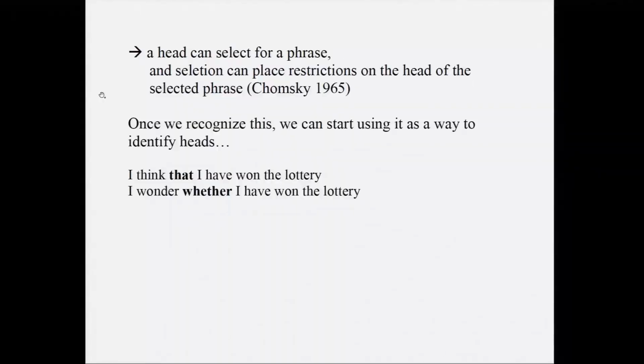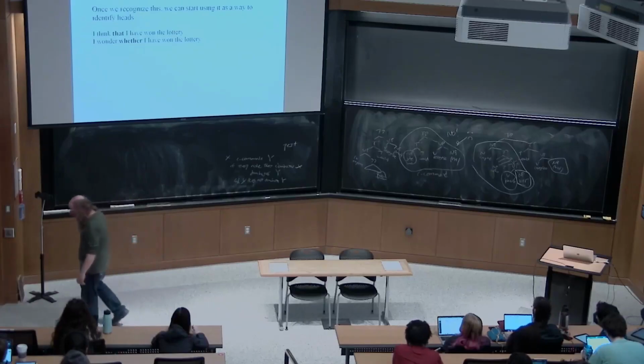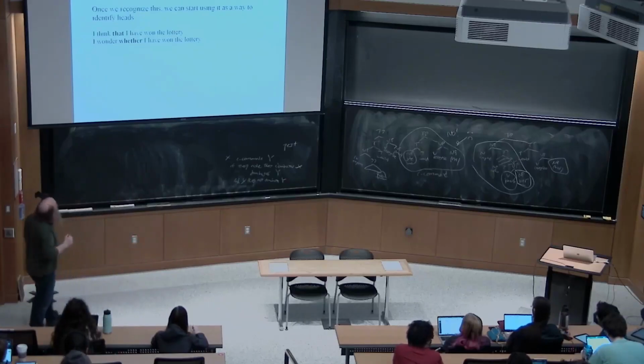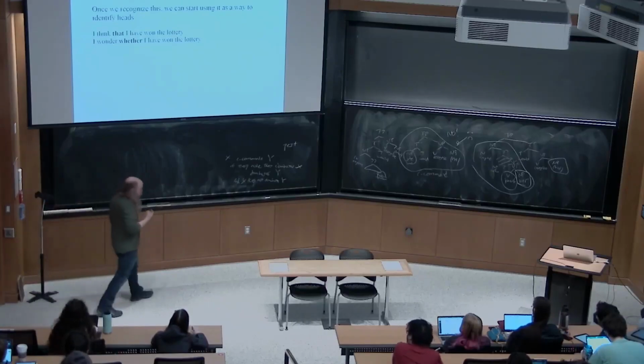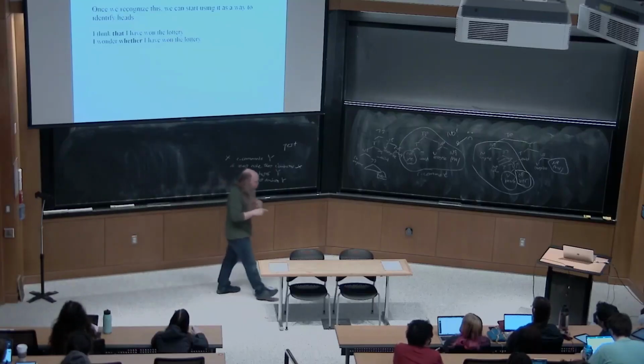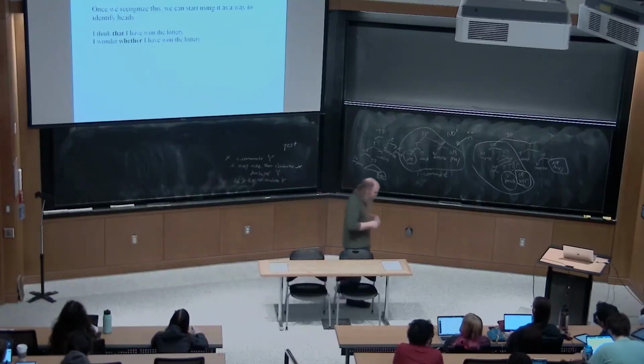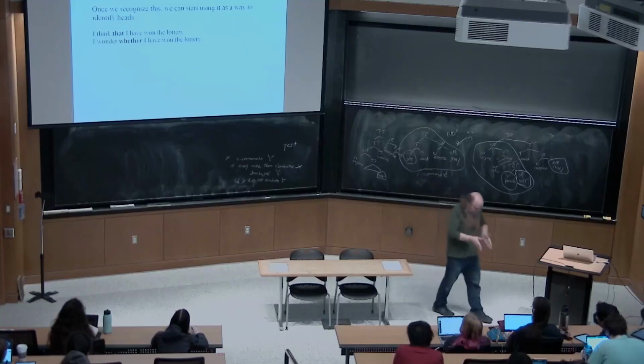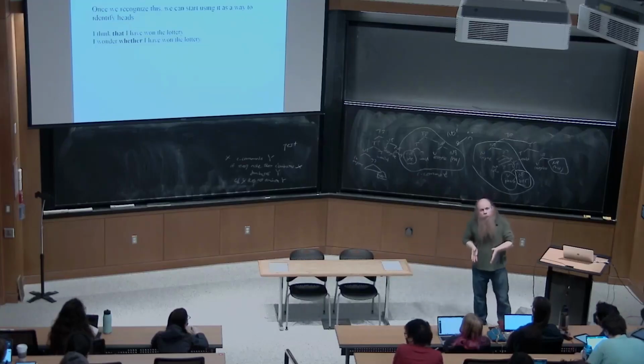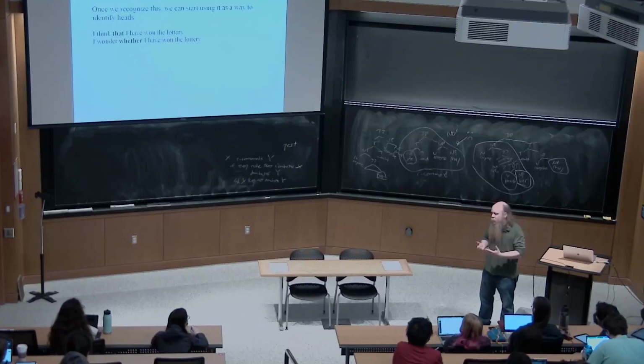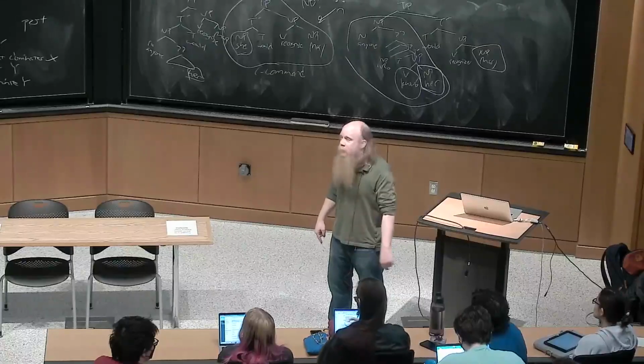Once we recognize that this is how selection works, that verbs get to select for things they want to merge with, and not just verbs, we'll see all kinds of things get to select for things that they want to merge with. If they are picky about the nature of the thing that they merge with, what they are picky about is the head of the thing that they merge with, the thing that the phrase is named after, so the preposition in the case of a prepositional phrase.